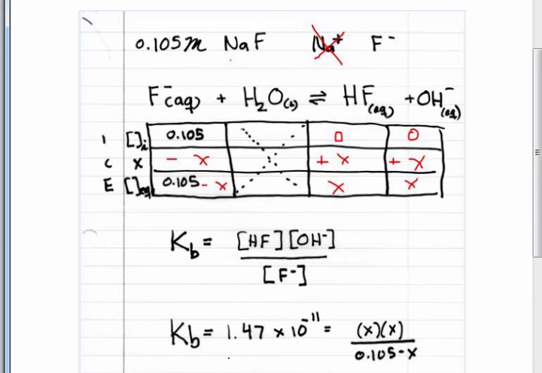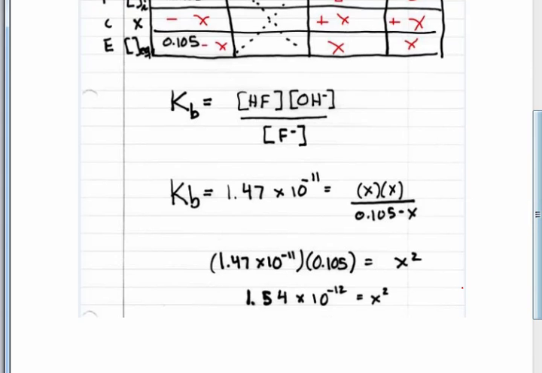Now that I have my Kb value, I plug it into my equilibrium expression, and I use algebra to simplify. I can be pretty sure that I can eliminate the x in my subtraction here because my Kb value is so incredibly small and my original concentration is relatively large. So I'm going to multiply both sides by 0.105 after I eliminate the x in my subtraction, and multiplying x by x gives x squared.